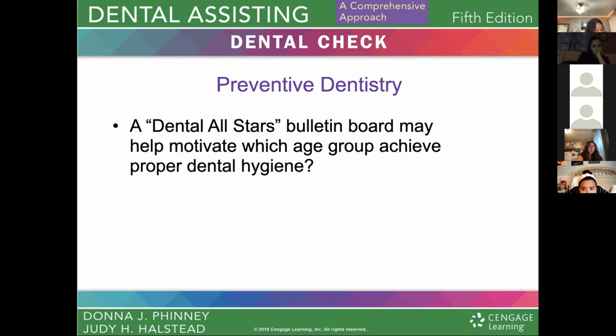Lolly. Preschool, 1 to 4 years old, maybe. Ooh, close. Ages 9 through 12.